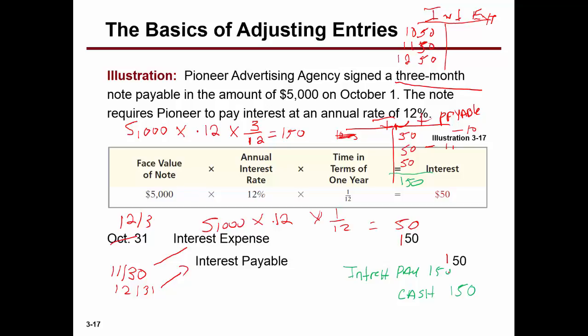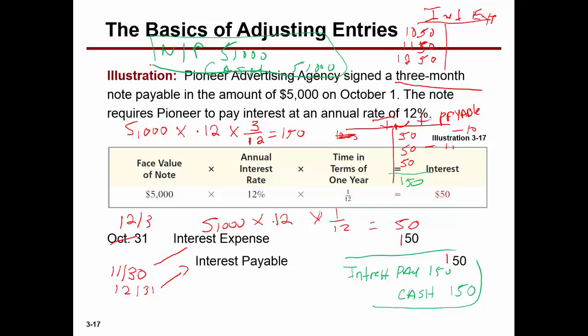So the full journal entries here would be, on January 1st, to debit the note payable for the full $5,000 and credit the cash. So not only do we have to pay him the interest, we also have to pay him back his principal.